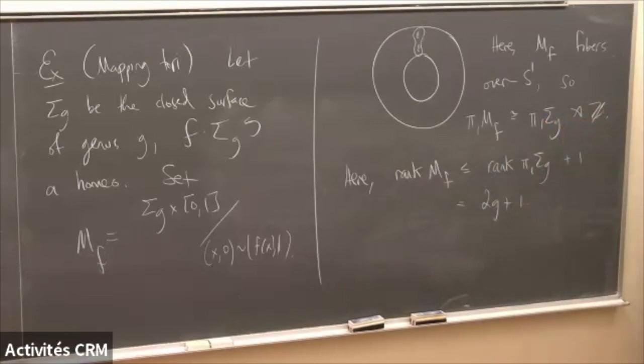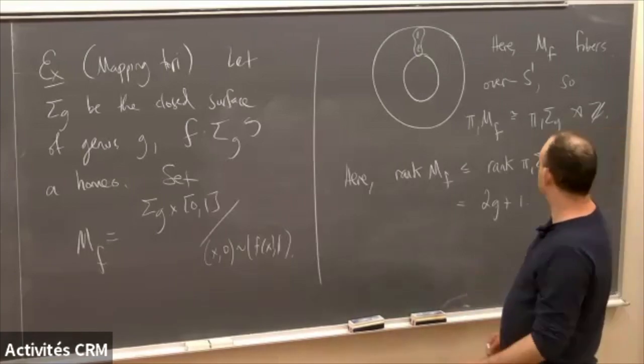But it's very possible that the rank could be less. These are the obvious generators for pi1 of M_f, but maybe there are really mysterious generators that we can't see in this picture. And maybe as an aside, also the Heegaard genus is at most 2g plus 1.